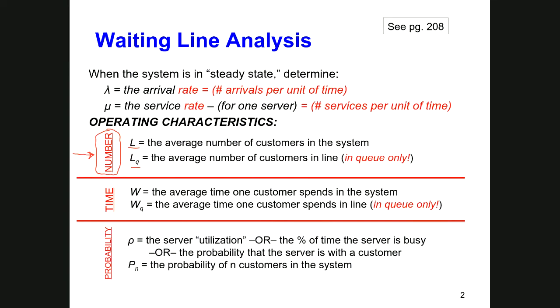The correct formula that we need to use is L sub Q, not L, because these planes are customers and they're waiting in line. So we need to calculate the value of L sub Q for the single server situation. So let's look at how this works.